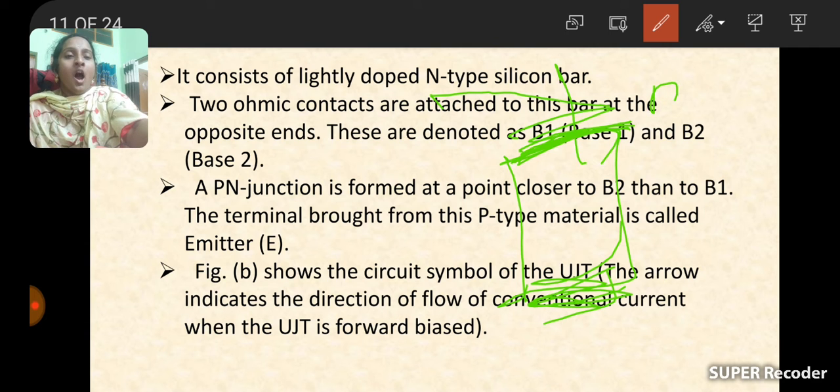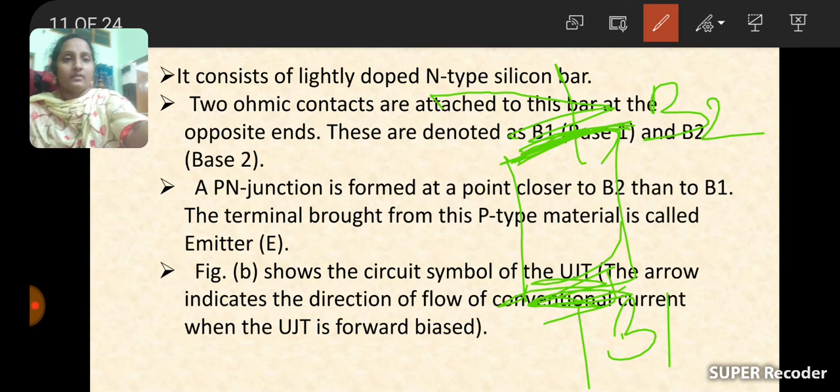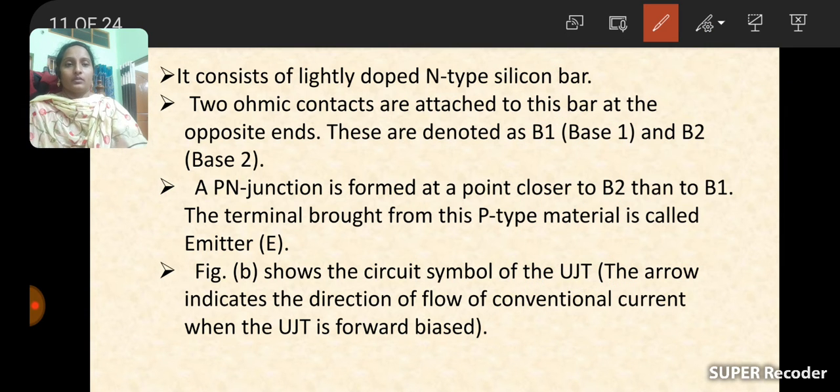The two ends are called base 1 and base 2. Base 1 is indicated with B1 and base 2 is indicated with B2. A PN junction is formed at a point closer to B2 than to B1.